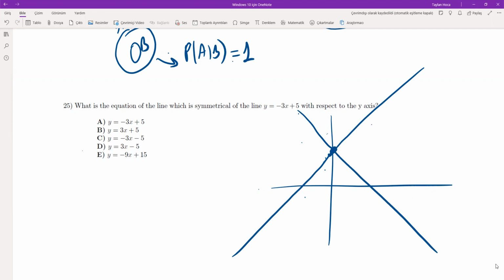No. Maria, the y-intercept is the same with respect to the y-axis; slope times negative 1. I thought it meant parallel. I don't know why. No. If there's a symmetry question, just make a small sketch. So slope times negative 1, it is 3x plus 5. Right? Yeah. Okay.